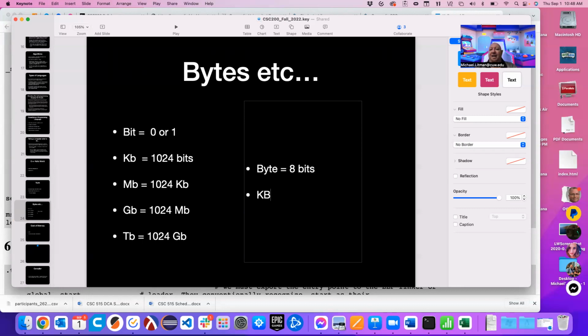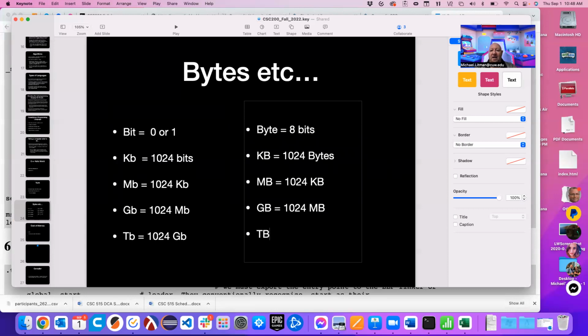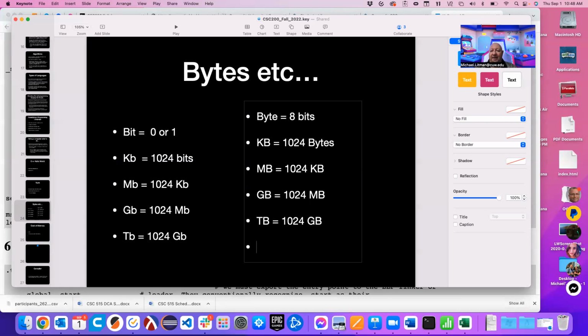Bytes, we have something called a kilobyte with a big B. When you see a big B, that means byte. So that's going to be 1,024 bytes. A megabyte is equal to 1,024 kilobytes. A gigabyte is equal to 1,024 megabytes. A terabyte is equal to 1,024 gigabytes.